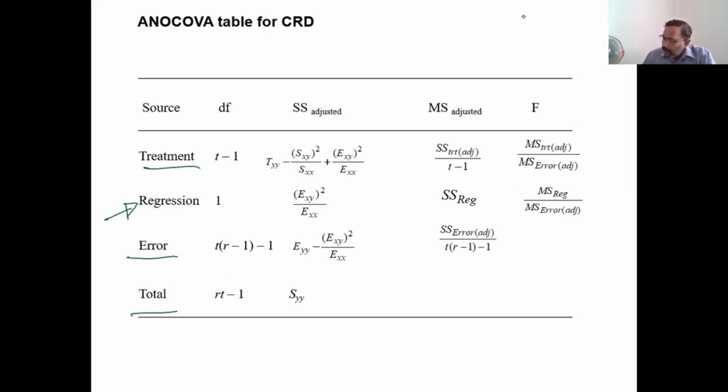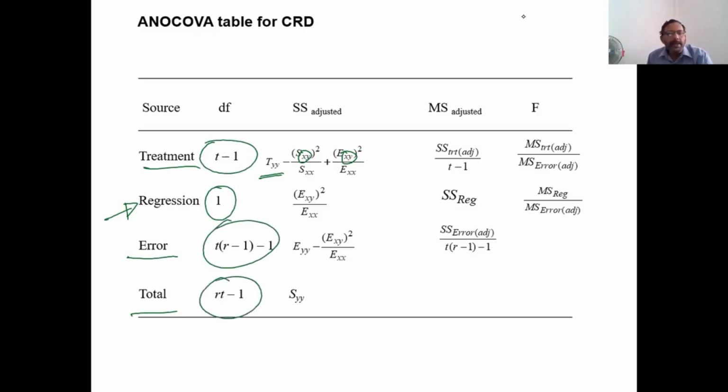Now don't ask what is TYY. It is from the previous calculations: TYY, SXY, EXY, and so on. Then the regression, because treatment degrees of freedom, regression, error degrees of freedom, then the total degrees of freedom.